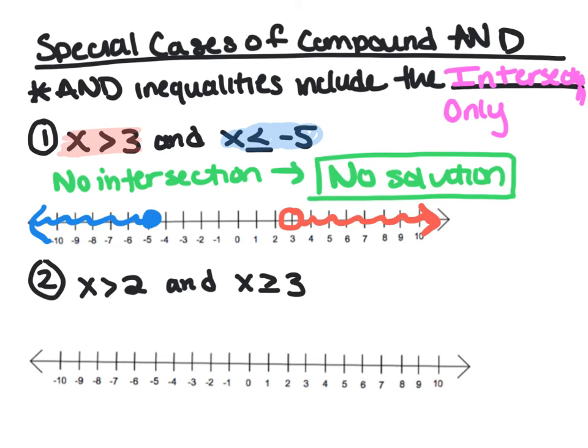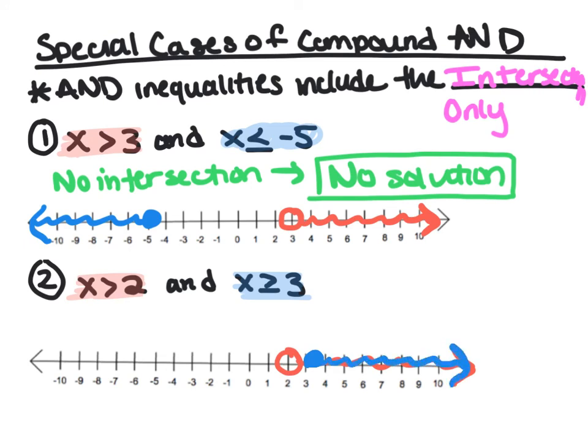For the second example, I have x is greater than 2, so I can put an open circle at 2, I would shade to the right. And the second part, I have x is greater than or equal to 3, so I can put a closed circle at 3, and I can shade to the right.